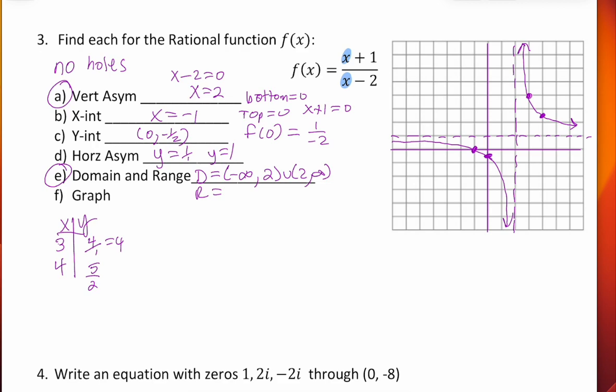The last thing we haven't done, though, is range. The only value we have skipped is what y value? What y value are we not going to hit? Positive one. We're not going to hit that horizontal asymptote. So that one means we go up to a y value of 1.